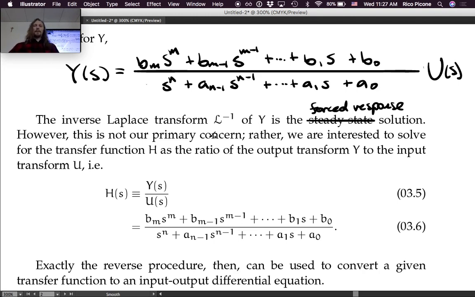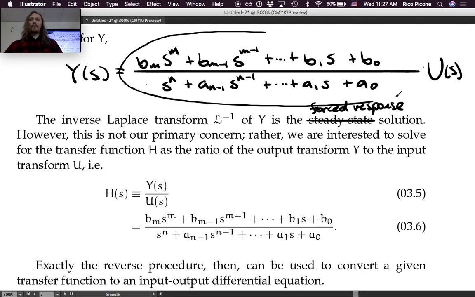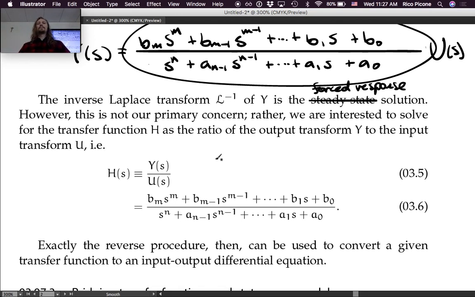You're just left with this ratio right here, right? That's what you're left with as being H. Exactly the reverse procedure. So okay. This is the transfer function for an input-output differential equation. So this is the definition, and this is the expression if you have an input-output differential equation. Okay?